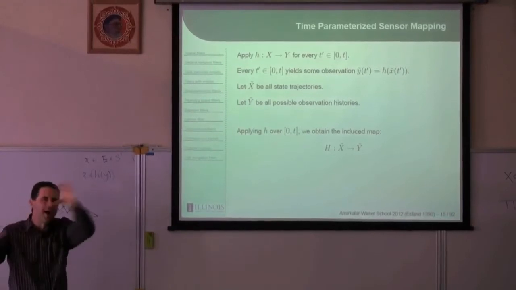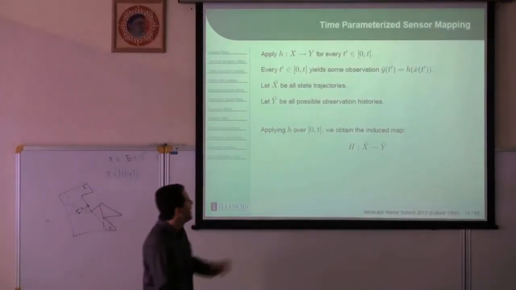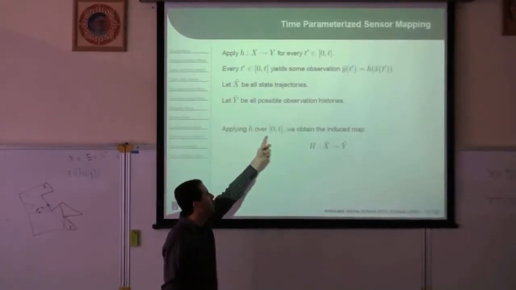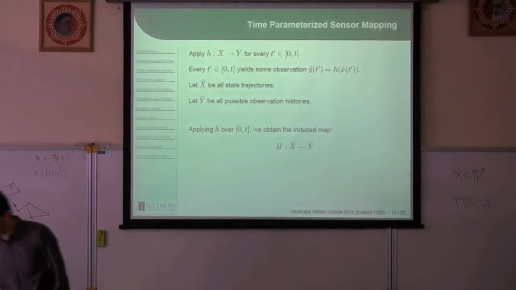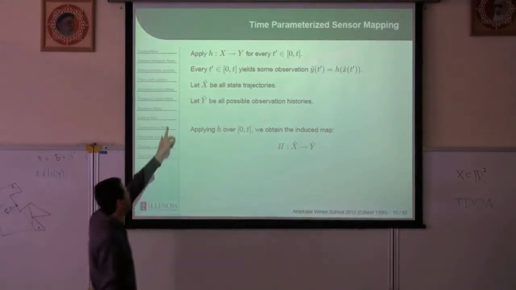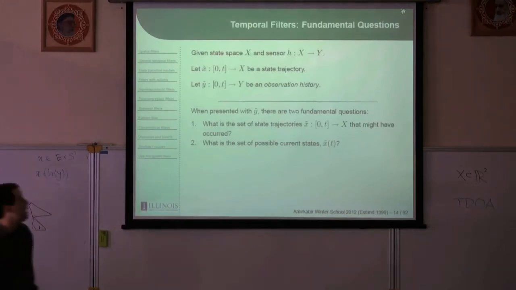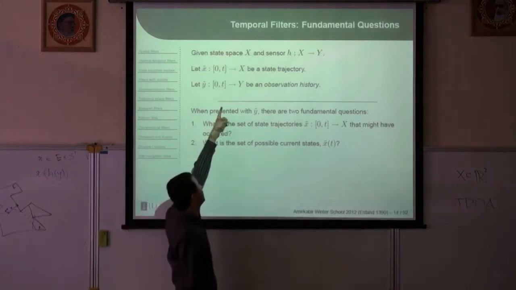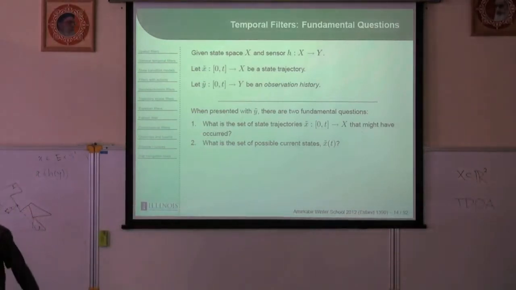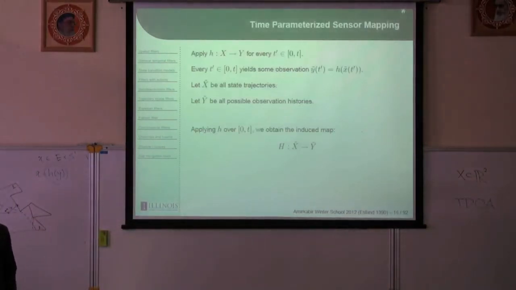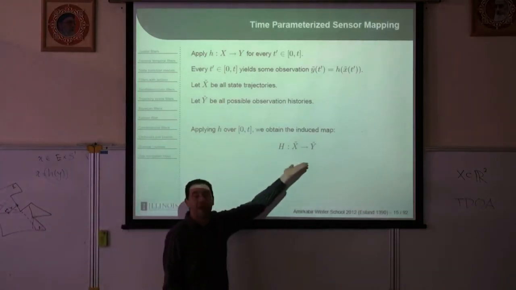So I could have a bunch of bodies moving around, or robots, whatever you like, all time parameterized paths. And now I have this capital Y tilde, which is all possible observation histories. It's the entire time parameterized collection of all observations. I'll have a simple example in a little bit. I just want to point out that once I give you h, there's this induced map.